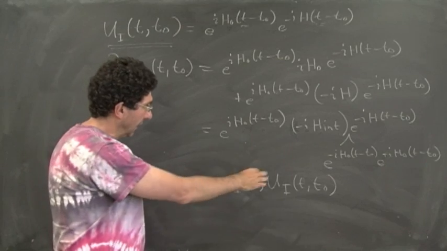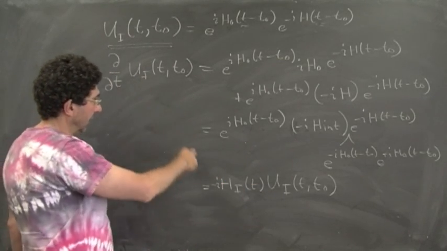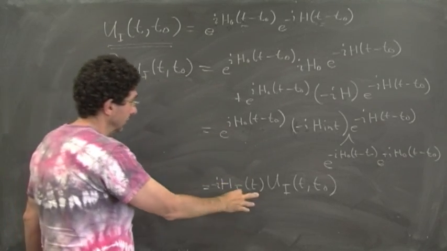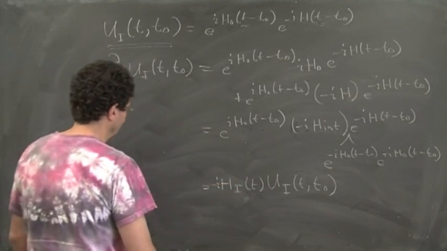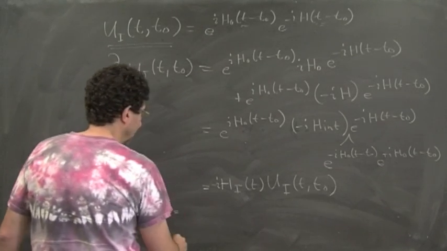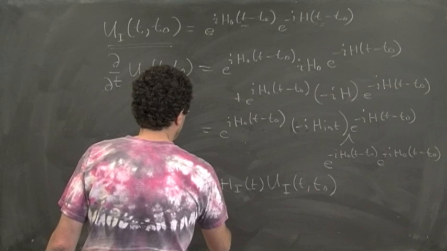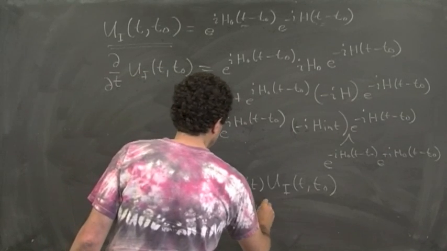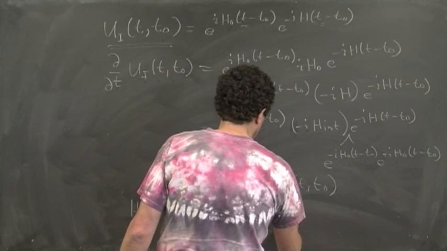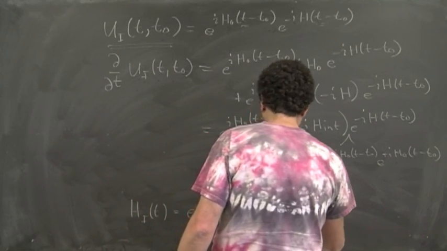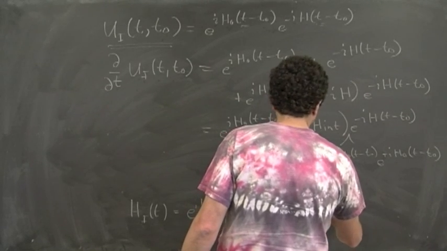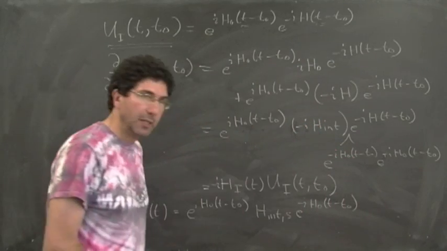So I've actually derived a nice looking equation here, which is a Schrodinger equation for this U_I right here. And just to be clear, this H_I(t) is e^{iH_0(t-t_0)}, the interaction Hamiltonian in the Schrodinger picture, times e^{-iH_0(t-t_0)}, okay?